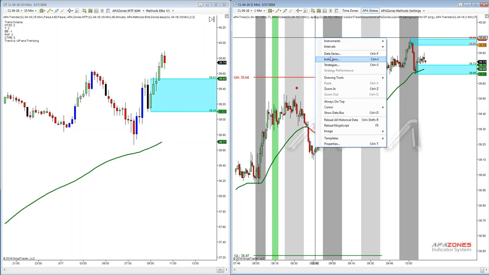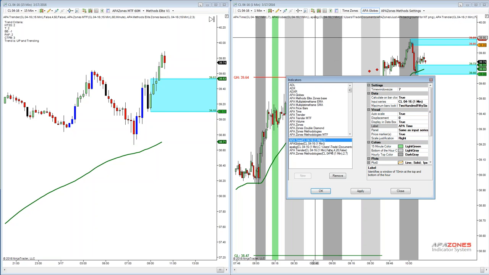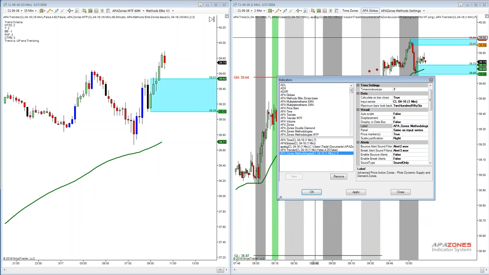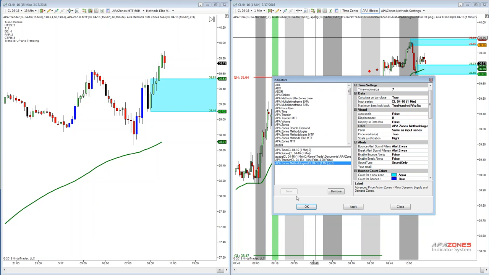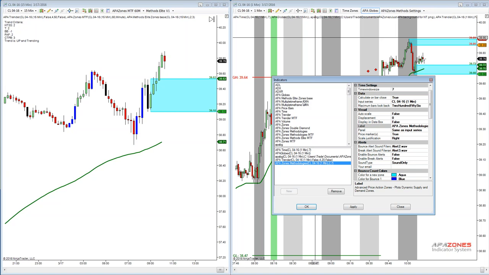I'm going to be looking at the APA methods package here, or methodologies as it's listed here on this one. Now, we do have versions in NinjaTrader and CR Charts, TradeStation, a few different versions. And I think the important thing is that throughout all the different platforms we keep everything the same. Now, personally, I like NinjaTrader a lot.